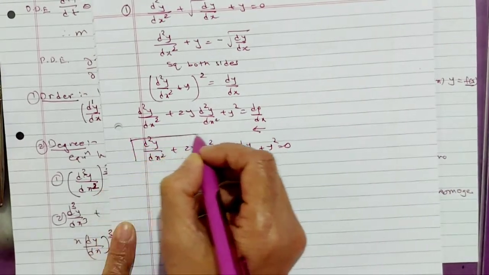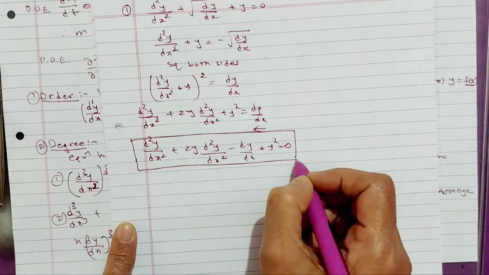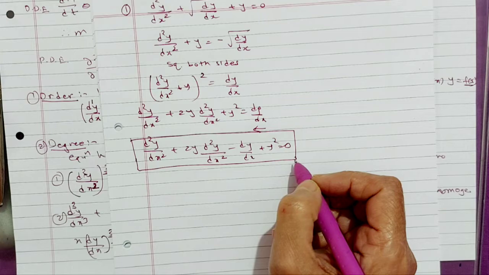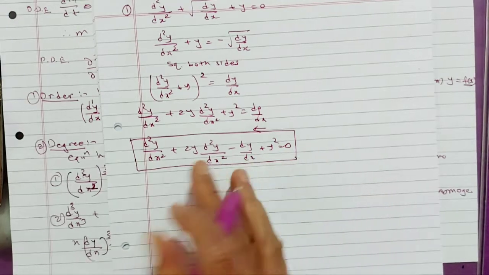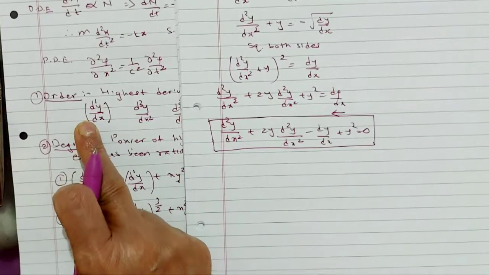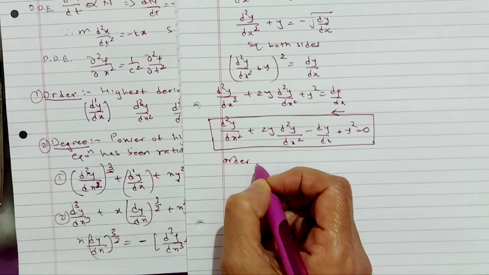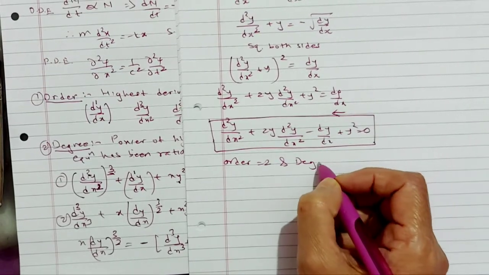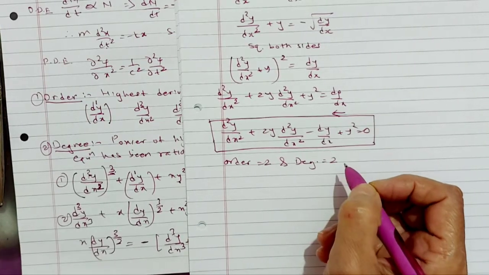So this equation is properly simplified, and now we are in the position to get the degree and order of this differential equation. First I taught you order, so we'll talk about the order. Over here the order is 2 and the degree is 2. Correct? Order is also 2 and degree is also 2.